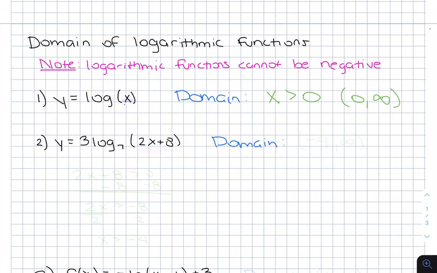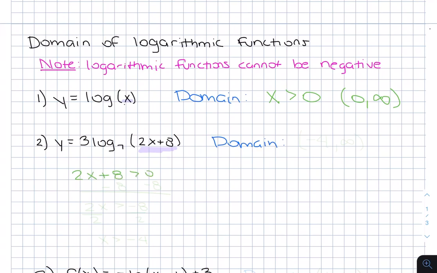If we take a look at the second example, we don't really want to look at the number in front of log. 3 is a number that is just being multiplied to the logarithmic equation, and we'll talk a little more about what the 3 means later on. For now, we can look at the logarithmic function inside. Inside the logarithmic function, we have 2x plus 8. Since we know that the inside of a logarithmic function has to be greater than 0, to solve for the domain, we set 2x plus 8 greater than 0.